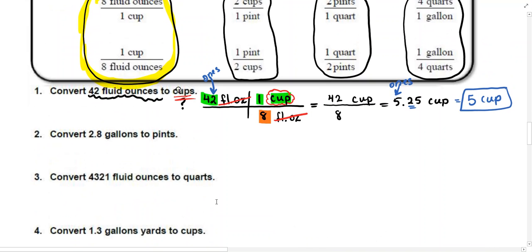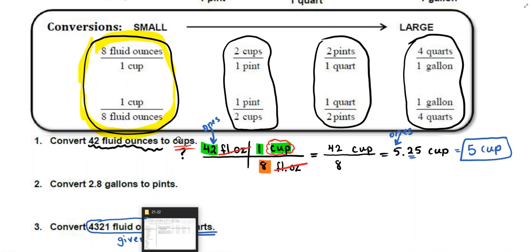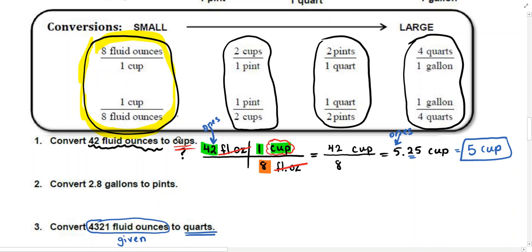Now, some of you guys had fun doing this longer one. So this one goes from fluid ounces to quarts. So the given here, and we want to convert this into quarts. So now let's look.